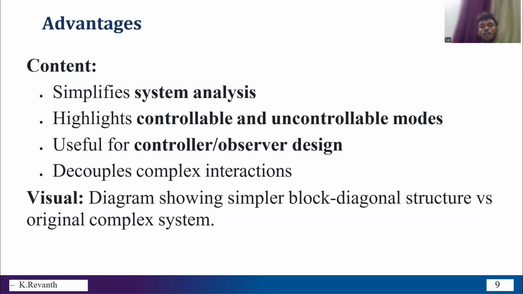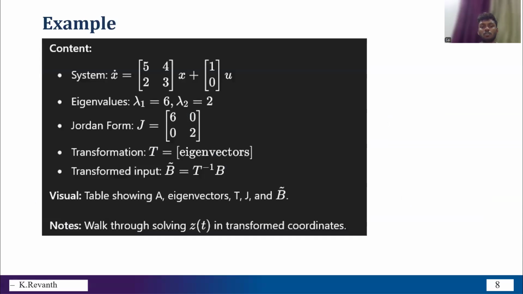Steps to obtain: example. Let's take a simple example to make this more concrete. Consider the matrix A equal to [5, 4; 0, 5]. The characteristic equation is determinant of A minus lambda I equal to (5 minus lambda) squared equal to 0. So the eigenvalue is lambda equal to 5 with multiplicity 2.